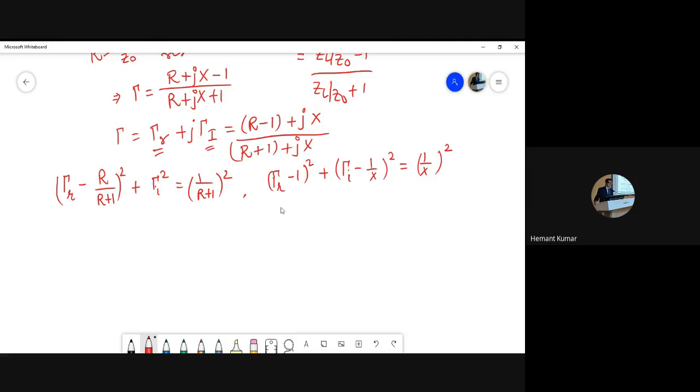In equation number one, the variable is only capital R. Here in the second, the variable is x.